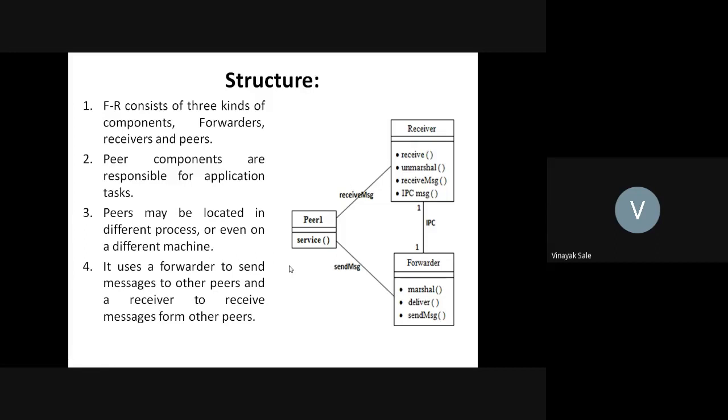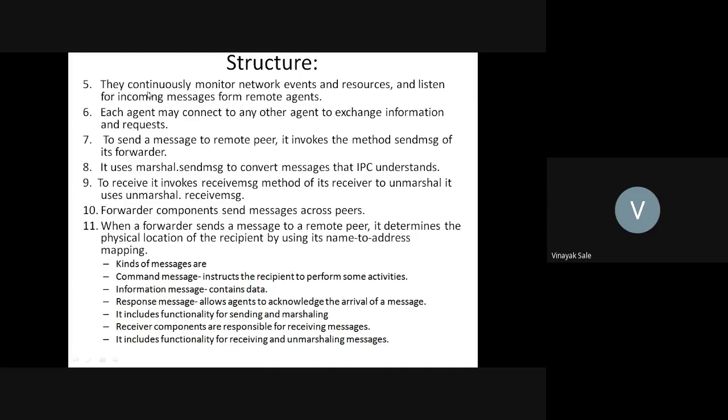communication. Then the peer continuously monitors the network events and resources and listens for incoming messages from the remote agents. Each agent may connect to any other agent to exchange information and requests. To send a message to a remote peer, it invokes the send message method of its forwarder.